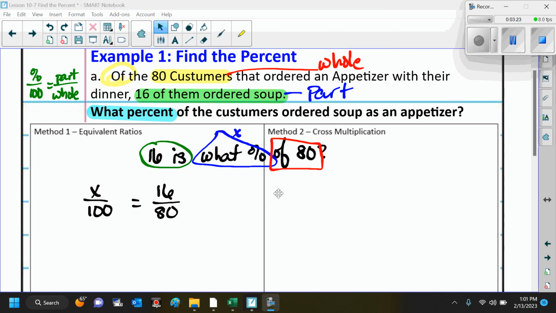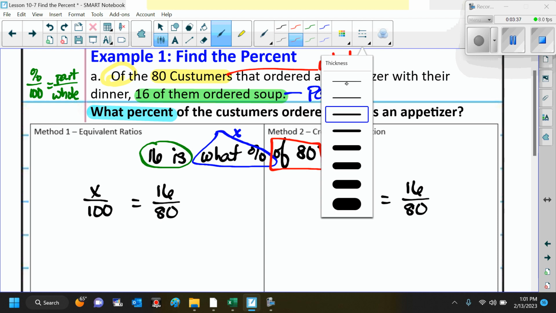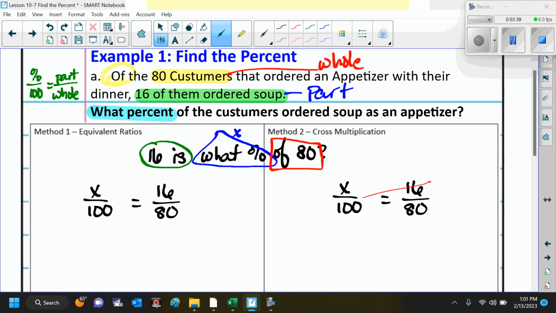Now on this one, I would probably choose to do cross multiplication because I can't get from 80 to 100 directly. So I'm going to cross multiply. On one side, I have 1600, and that's equal to 80 times x, which is 80x.